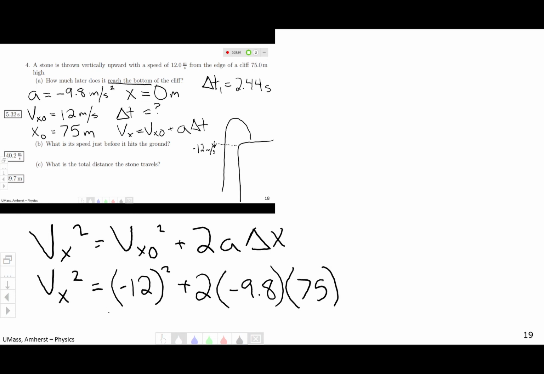So if we do this out, we get 144 plus 2 times 9.8 times 75. A negative 2 times 9.8 times 75, calculator, plus a negative 1,470. Again, this is a negative 75 meters, so that means we're going to add those.